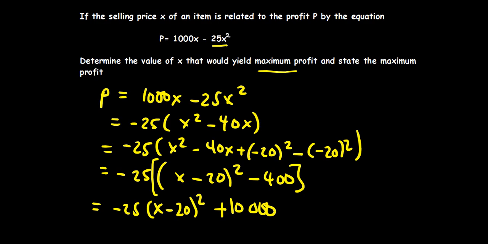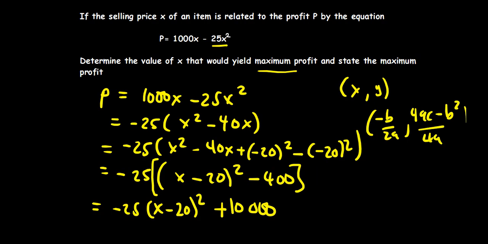So now, at that highest point, our turning point is given by x comma y, in the form negative b over 2a comma 4ac minus b squared over 4a. After completing the square, this part here is our b over 2a, and we need to multiply it by the negative, so we get positive 20.